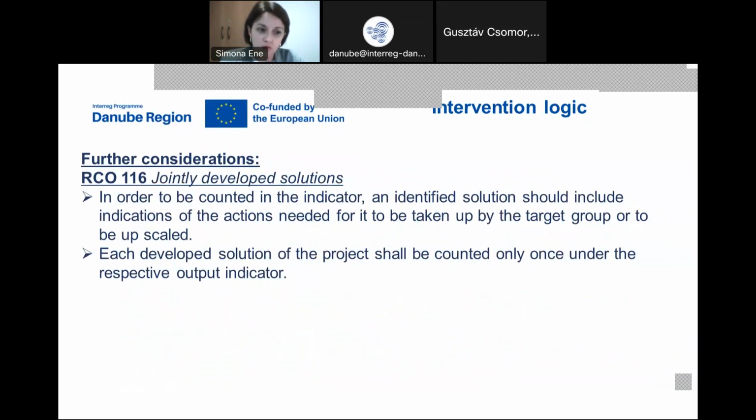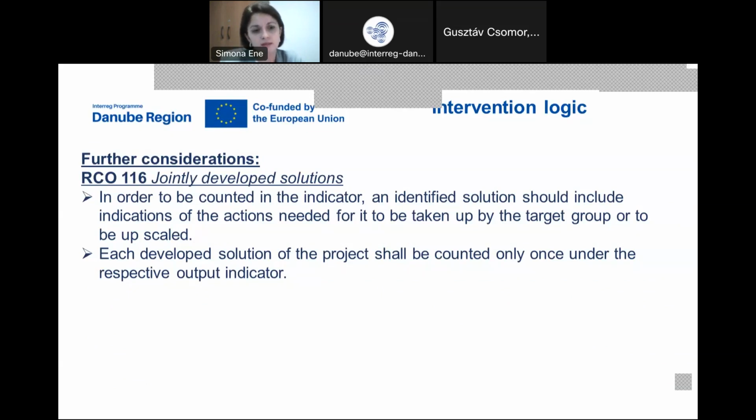Jointly developed solution output indicator: in order to be counted in the indicator, an identified solution should include indications of the actions needed for it to be taken up by the target group or to be upscaled. And each developed solution shall be counted only once under the respective output indicator.